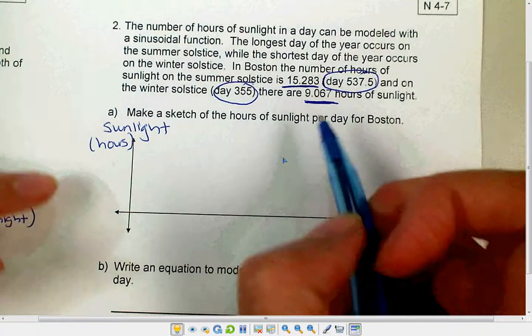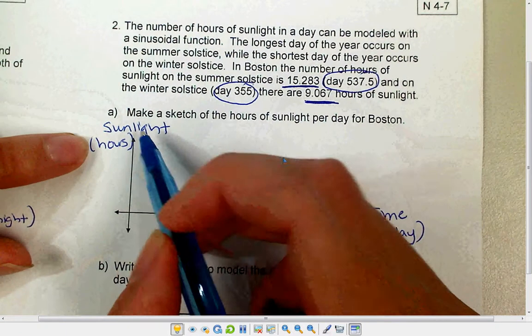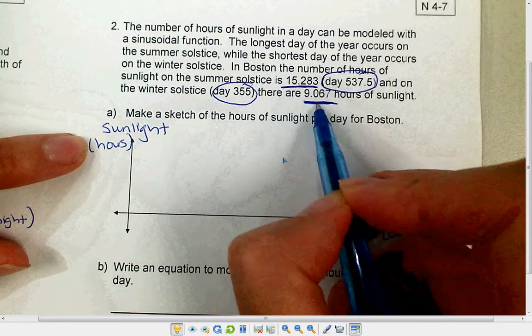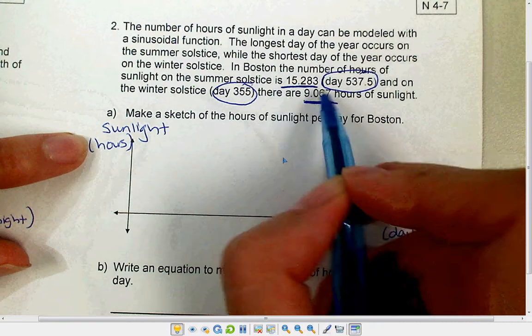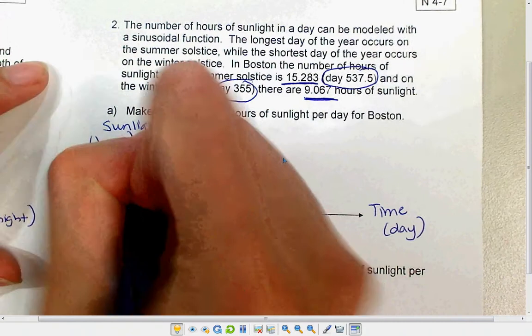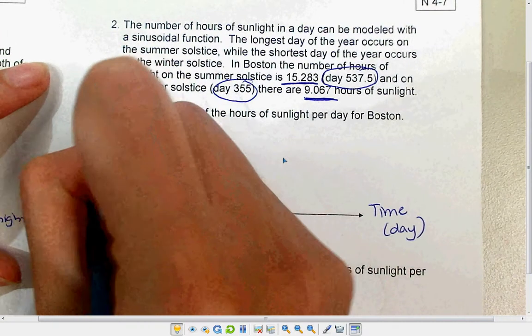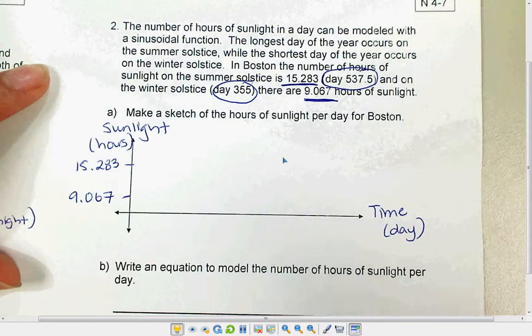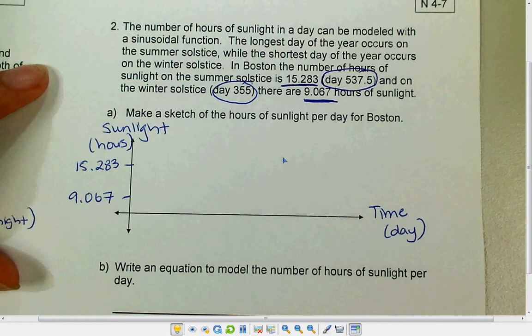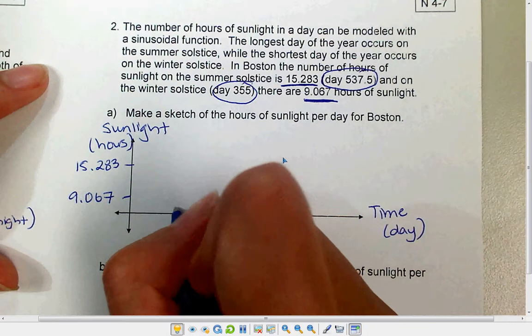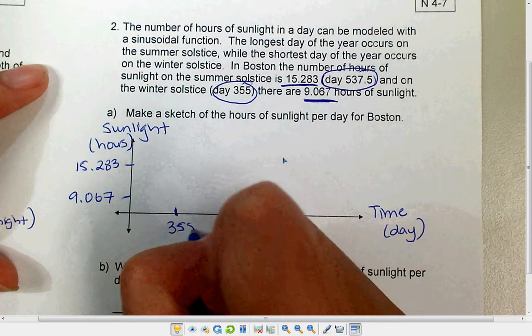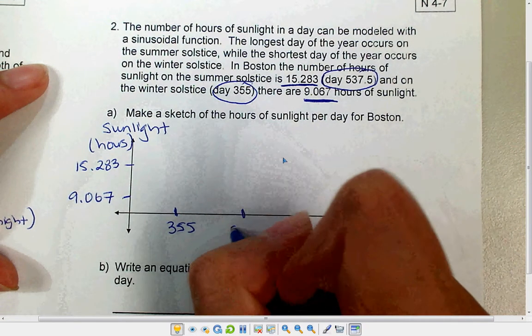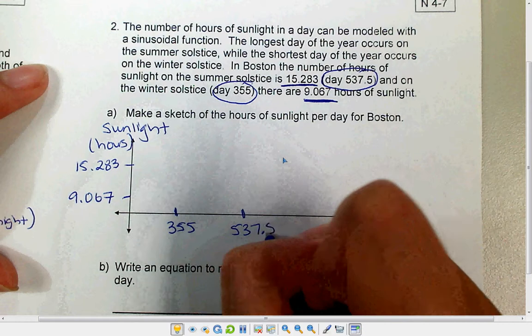Okay, so on our hours, our y-axis, the two numbers that we have to plot are our max, which is 15.283, and then our minimum, which is 9.067. On our x-axis, we have day 355 as well as day 537.5.